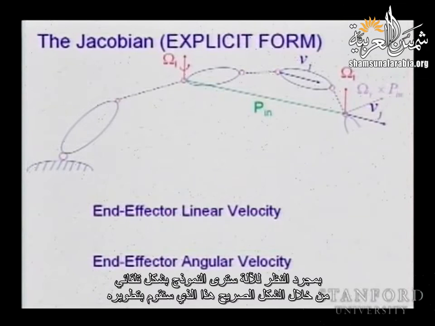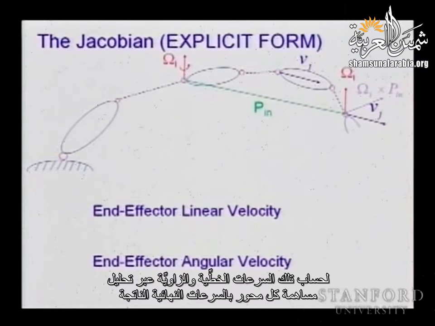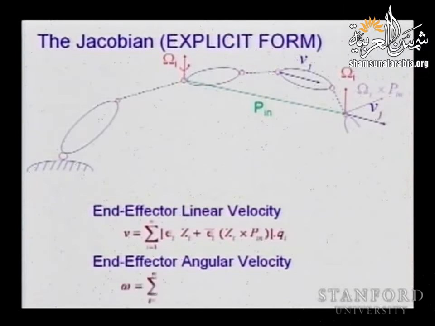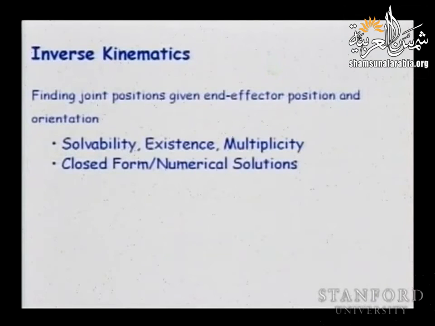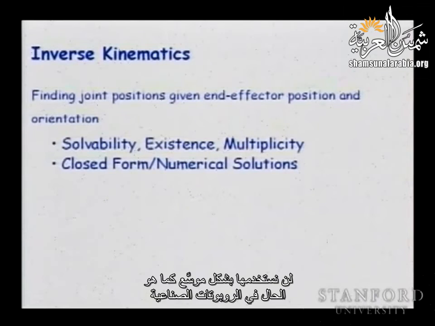You look at the machine and you see the model automatically through this explicit form that we will develop to compute those linear velocities and angular velocities through the analysis of the contribution of each axis to the final resulting velocities.